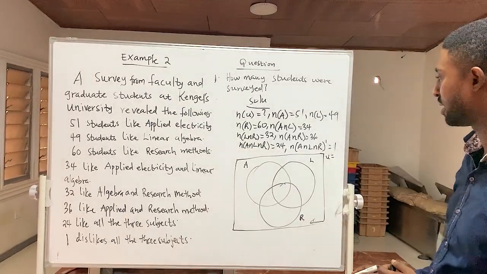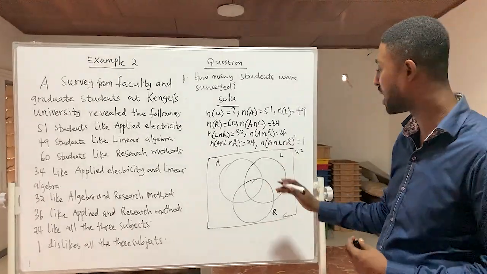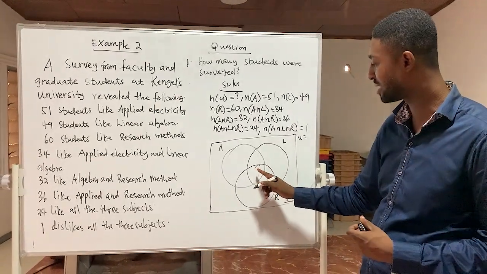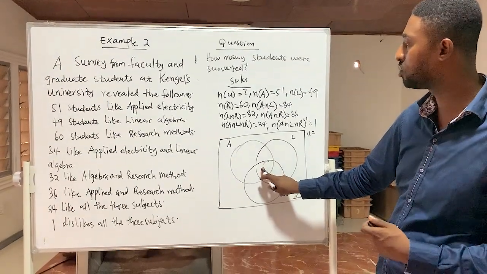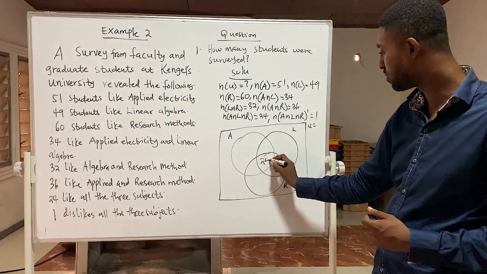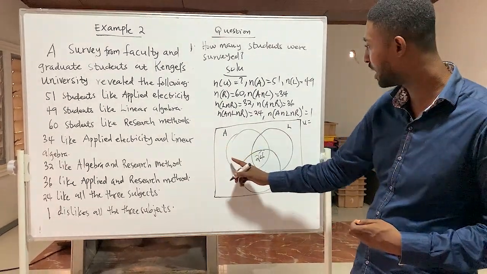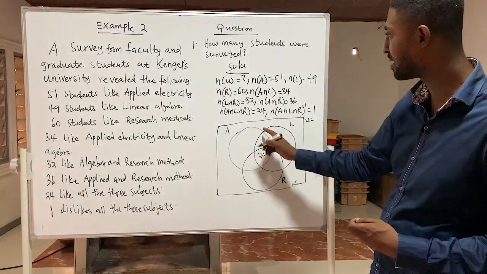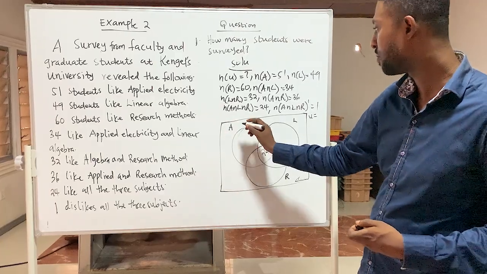Like I said, if you want to tackle any Venn diagram question, you should consider the central part of the overlaps. So here is for students that study all the three subjects, and we have 24 students who study all the three subjects. This is for applied electricity, and the number of students that study applied electricity here is 51.